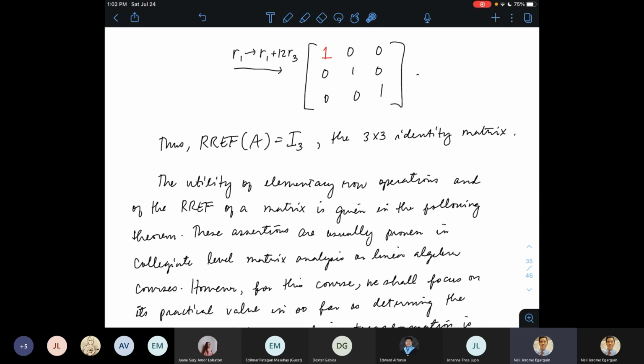Right? Hindi siya dahil additive identity siya dun sa vector space, pero kasi siya yung identity with respect to matrix multiplication.